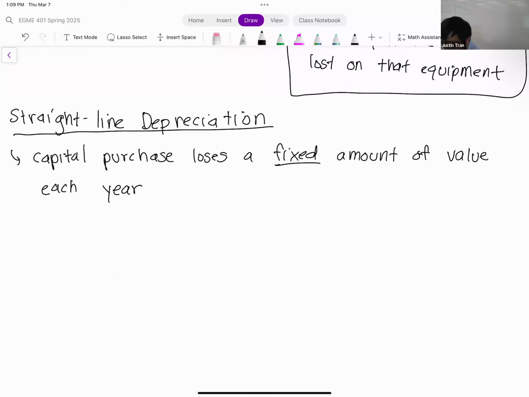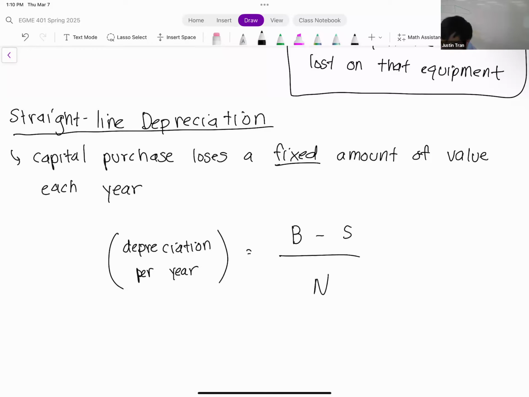And so the formula that we had for this is depreciation, which is the amount that you could deduct from your taxes per year, equal to B minus S divided by N. Where B is the initial cost or initial value of your purchase, S is the salvage value, and N is the number of time periods.